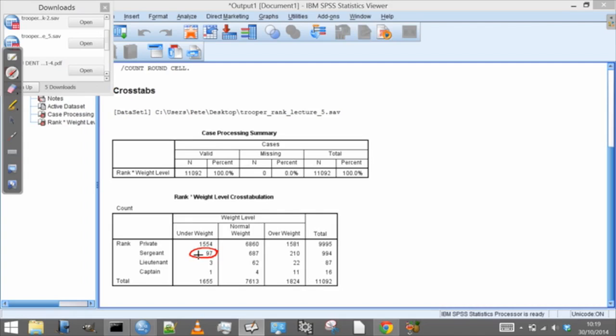Then once we've got the data in this format, we're ready to look at the chi-square test to test whether there is an association between the weight level and the rank. And we can go back to exactly the same menu option.